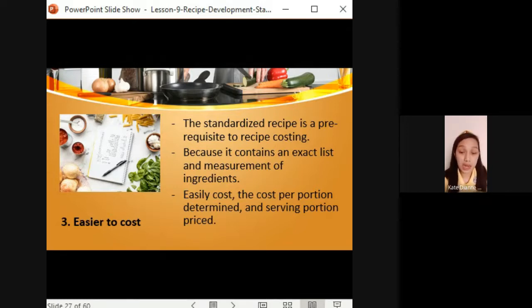Since our recipe is already standardized, all the ingredients are already listed together with the measurement. So, tama si Remelin. Nakasulat na yung measurement niya, so makikita natin kung ilan lang yung kailangan, di ba? So, mas madali tayo makapag-costing. Pwede tayo dito makapag-costing in advance since alam nyo na yung price nito.